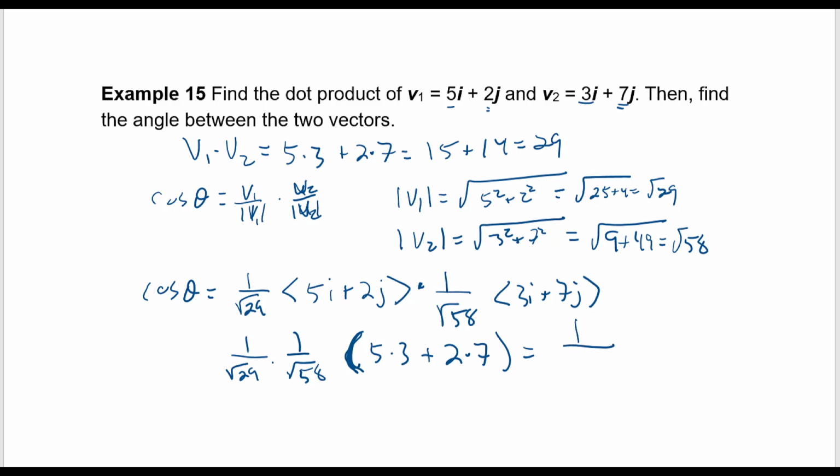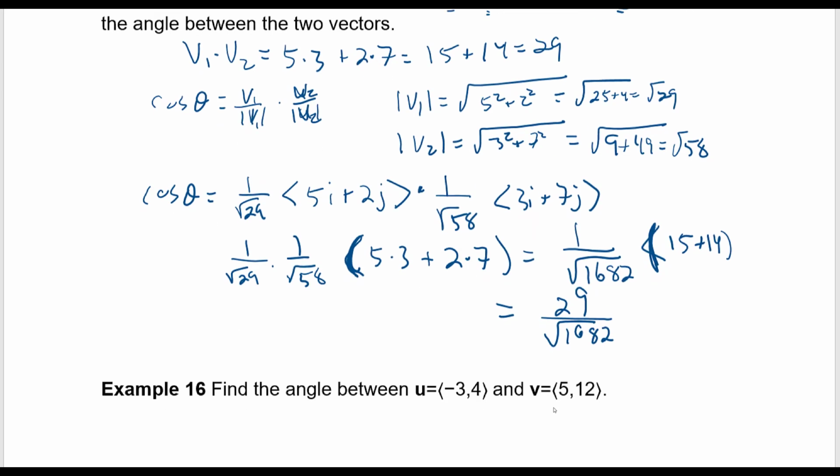So that's going to be 1 over, and we multiply the square root of 29 times the square root of 58, we're going to get the square root of 1682, times, and we already found that to be, 15 plus 14. Do parentheses here. So it's going to be 29 over the square root of 1682. So that's our cosine theta.